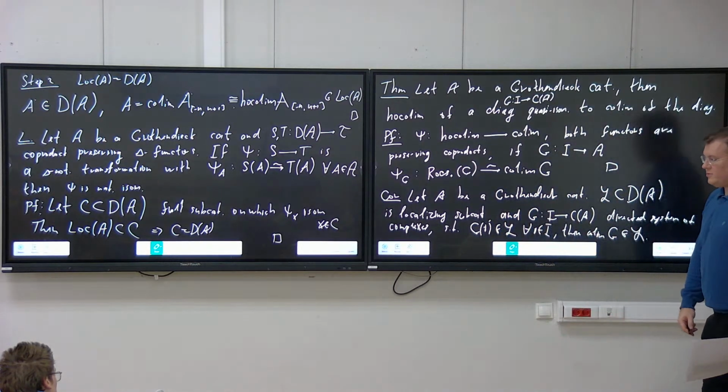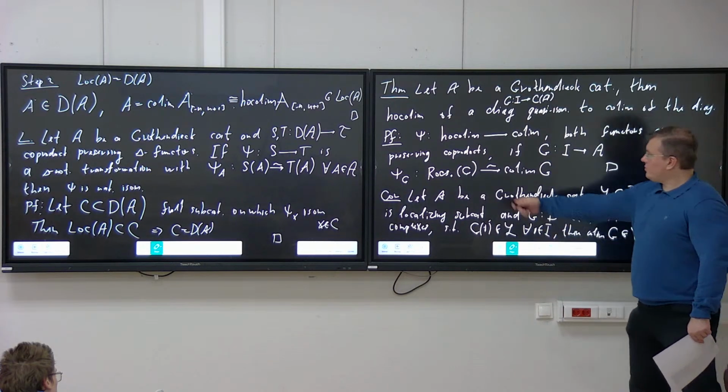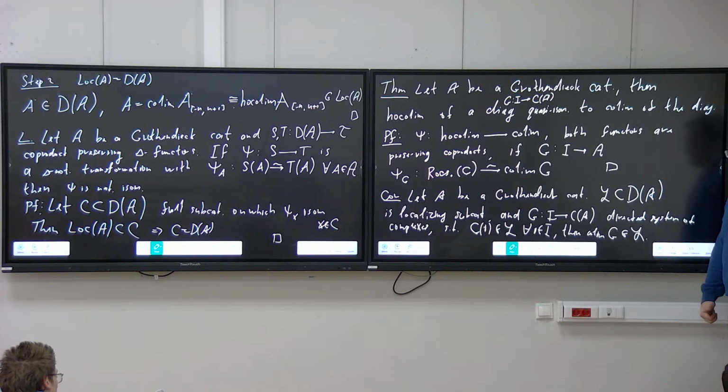Of course, the proof is trivial, I don't really need to prove anything, because I know that the colimit can be identified with the homotopy colimit, and a localizing subcategory is closed under homotopy colimits.